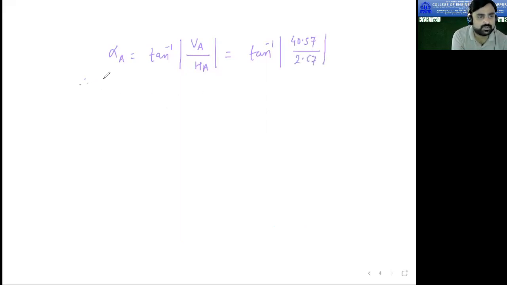So if you solve this, you will get the answer for alpha A: 86.23. I will write 86.23 Newton. Sorry, not Newton, it is angle, so it is degree. 86.23 degree. So this is the alpha A.